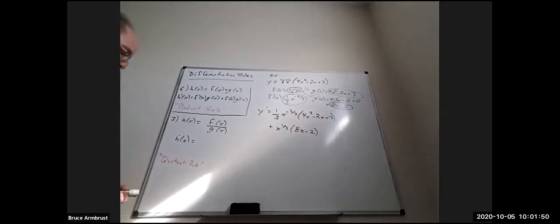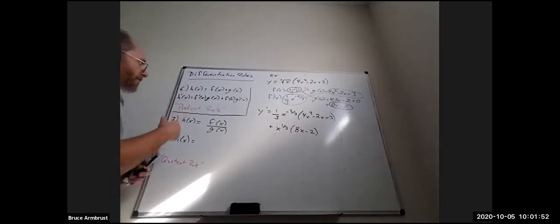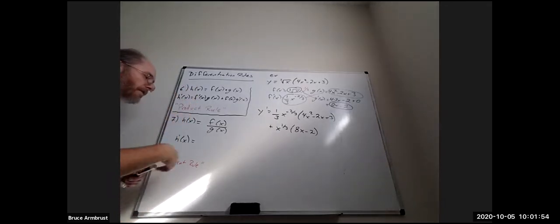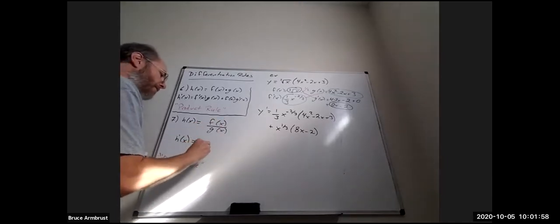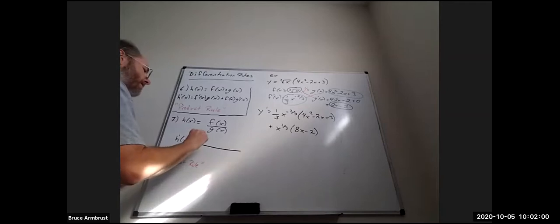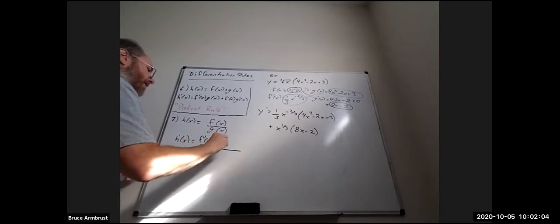But here's how this one works. Now, just like with the product rule, we need the derivatives of both of them. We're going to get a fraction here. And what you're going to see on the top of the fraction looks a lot like the product rule.